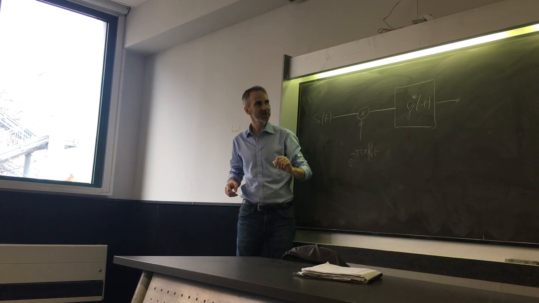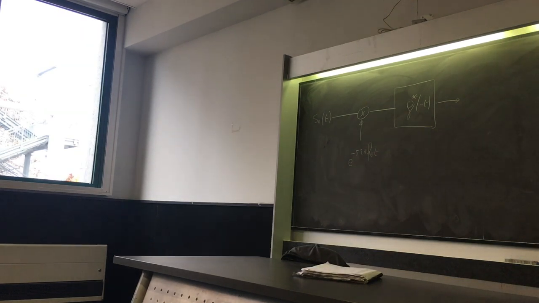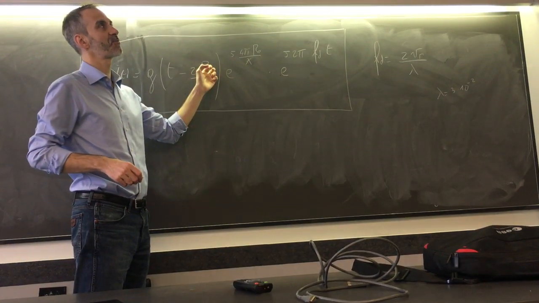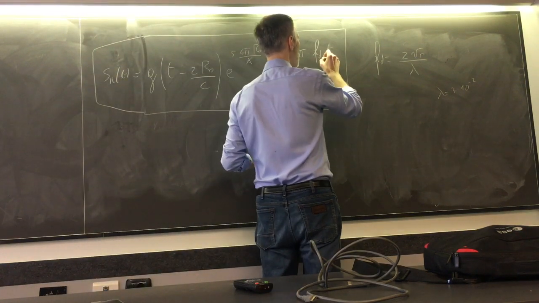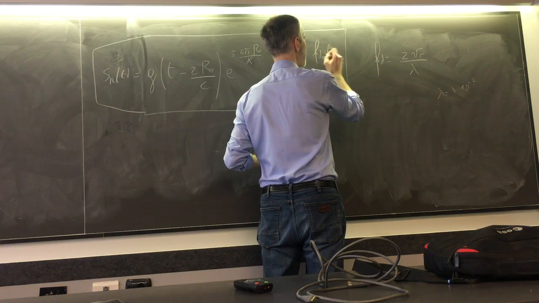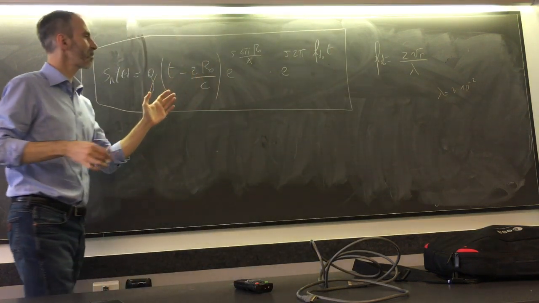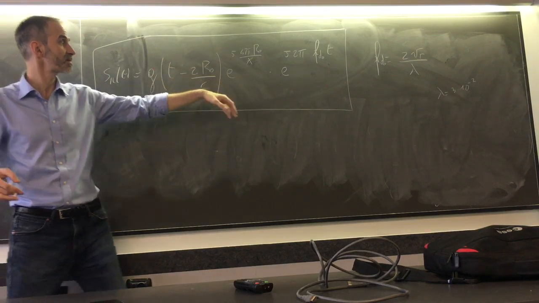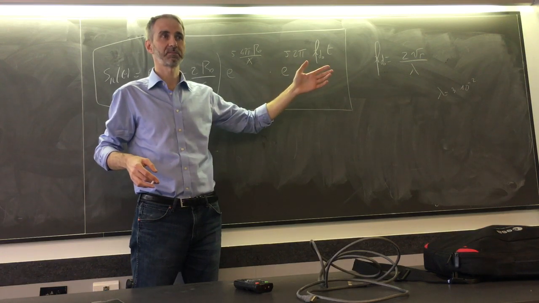So, just to clarify the notation, let me call this R0. This is the distance of your target from the radar at time 0, and let's also call this Fd0, where 0 in this case refers to the true distance and Doppler frequency of your target.